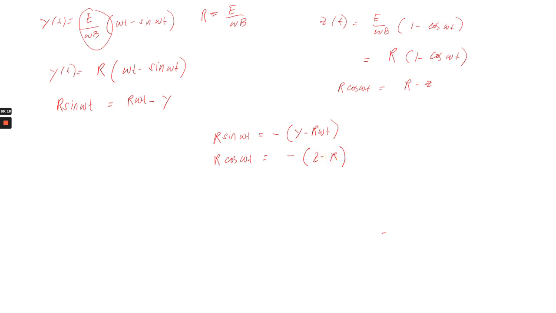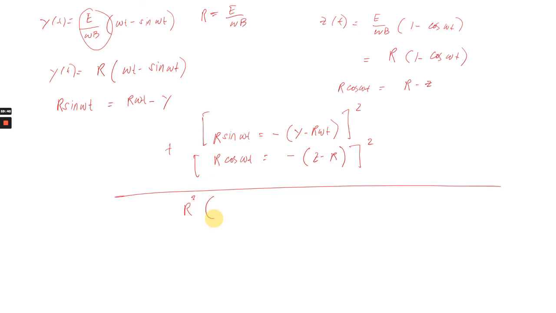If I square both sides and add them, the equation simplifies. Should be able to get r squared.